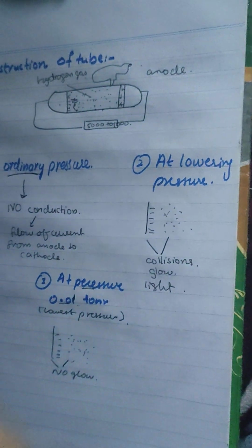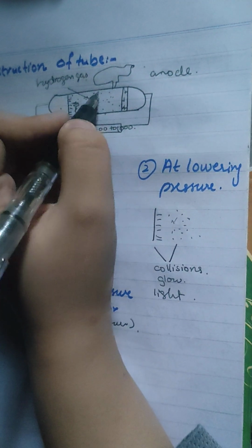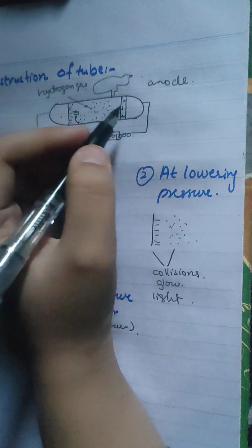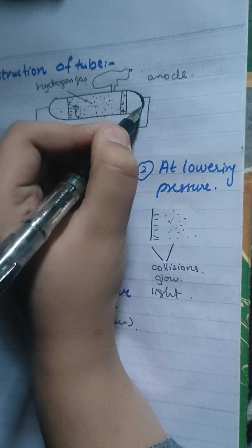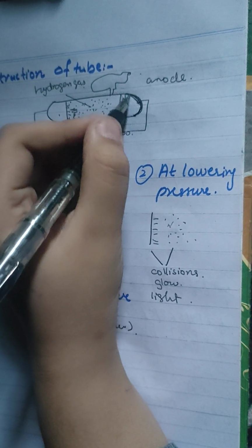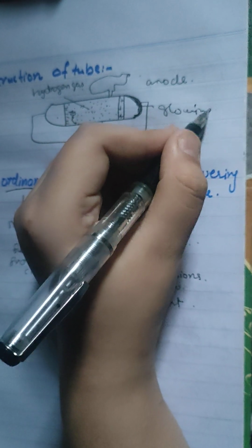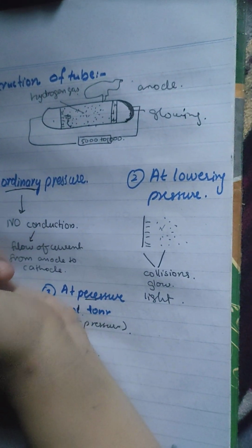After that, the scientists realized that at the lowest pressure, one side is glowing while the other is in complete darkness. How is it glowing? The scientist was Stoney.